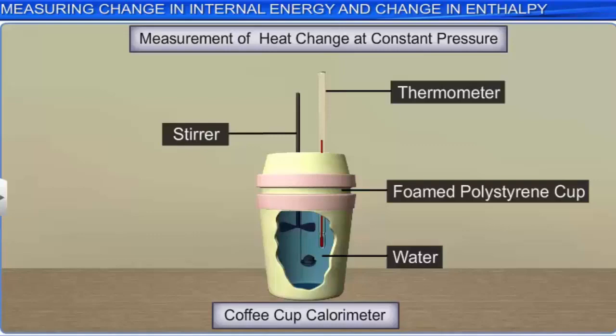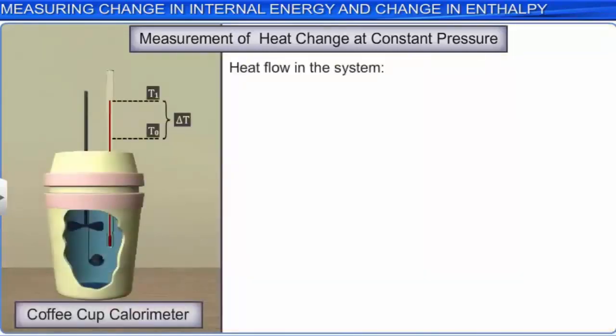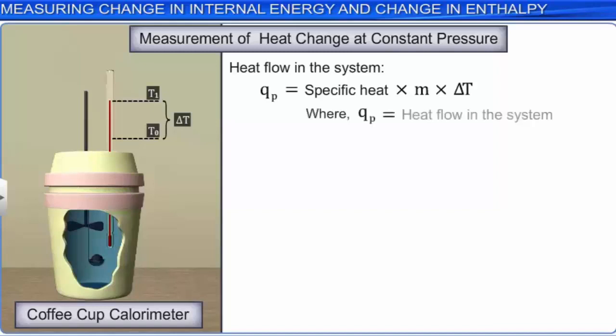Heat flow in the system is calculated by using the relation Qp = specific heat × m × delta T, where Qp is the heat flow in the system, m is the mass of water in the coffee cup in grams, and delta T is the change in temperature.